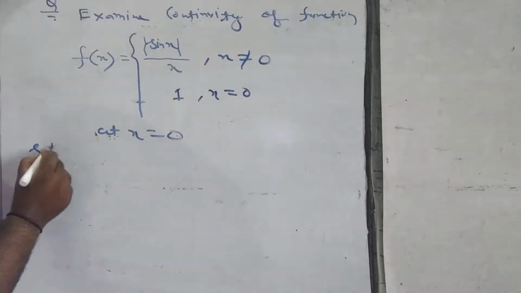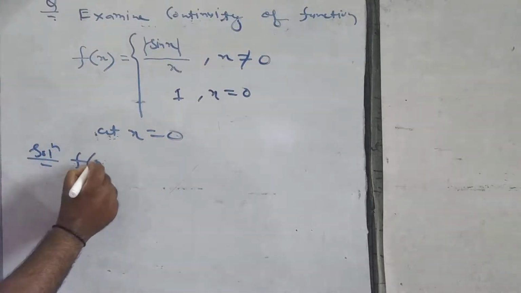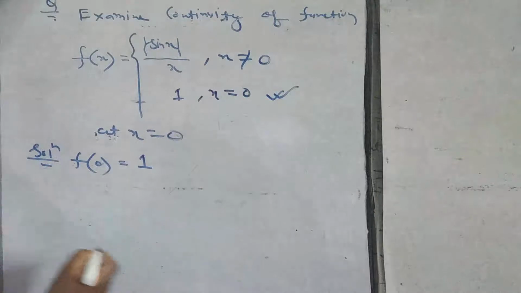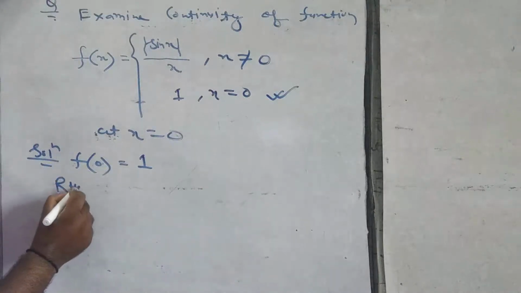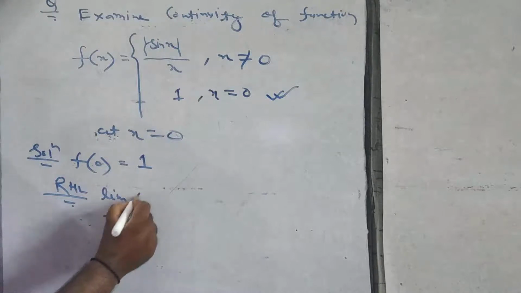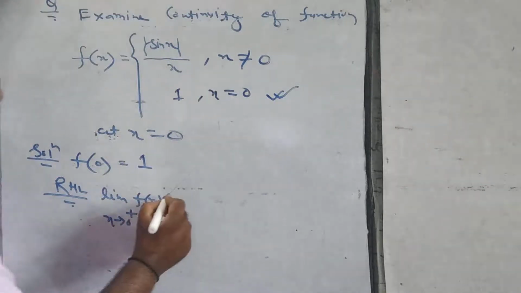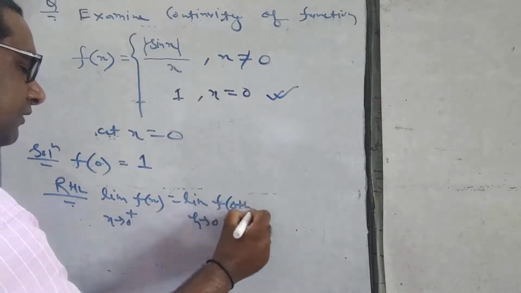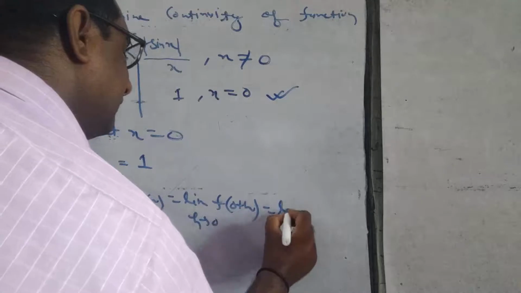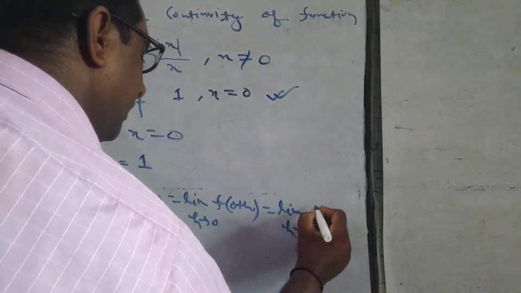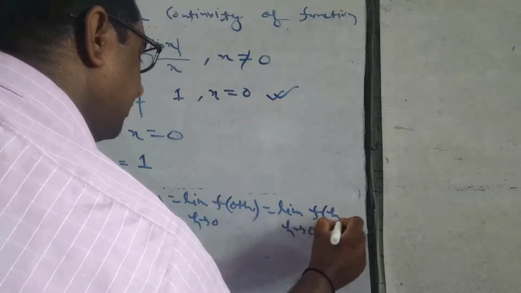Now solution. What is the value of f(0) at x is equal to 0? It becomes 1. Now come to the RHL. Limit x tends to 0 plus f(x) is equal to limit h tends to 0 f(0 plus h), which is limit h tends to 0 f(h).